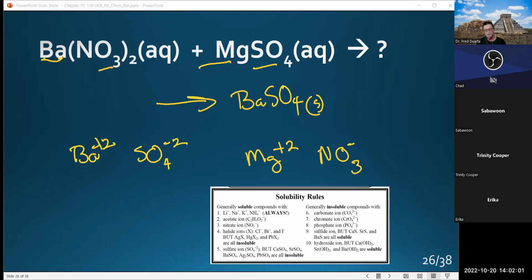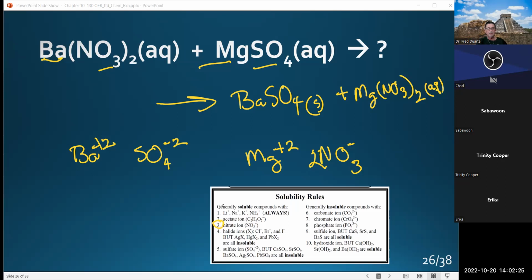That means that I need 2 of the nitrates for every magnesium +2 ion. So its formula will be magnesium, parentheses, NO3, 2, and this would be AQ. Because again, nitrates, number 3, are all soluble.